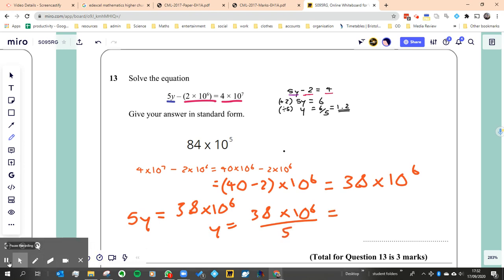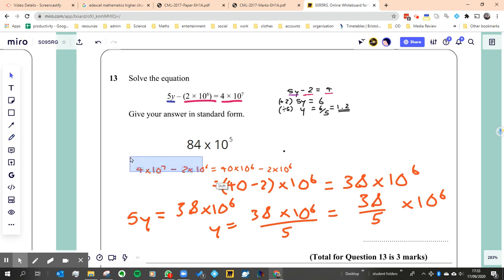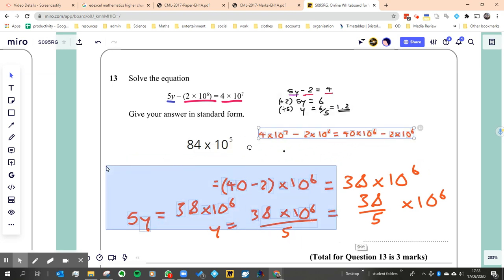So let's do it the non-calculator way then. 38 divided by 5 times 10 to the power 6. We can think about this as a separate thing. This is going to be what y is equal to. Let's just shrink it all again and move it around. I've got to get into the habit of making sure I give myself enough space to write things.